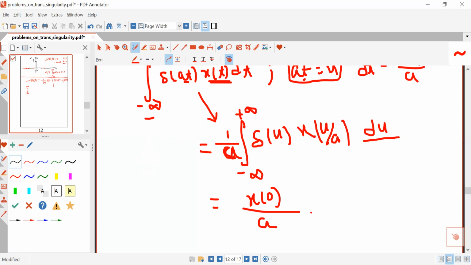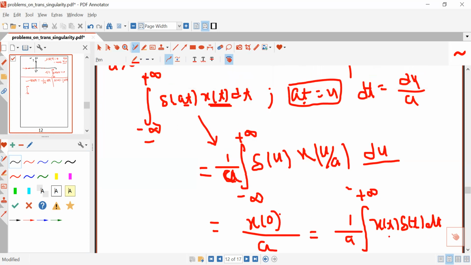Or in place of x naught, you can write the integration from minus infinity to plus infinity of x of t delta t dt. This is the shifting property. In the previous lecture, I have proved this statement, that the integration from minus infinity to plus infinity of x of t delta t is equal to x naught. So you can go through that video of the shifting property. By the shifting property, you can write this as this.